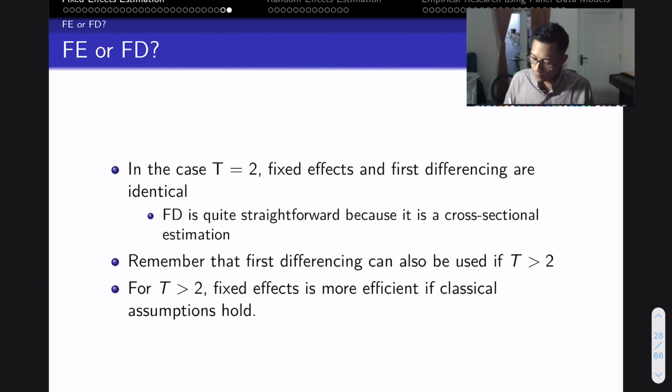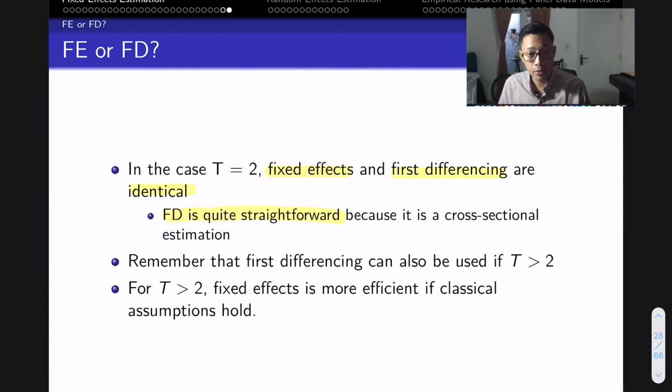Now, the first difference is quite straightforward because it's going to be a cross-sectional estimation. So if you're dealing with a very, very large data set, then first difference could be more straightforward. Remember that first differencing can also be used if t is larger than 2. For example, for a 3-period or 4-period panel data, you can always use first differencing.